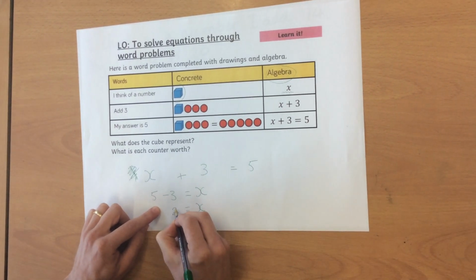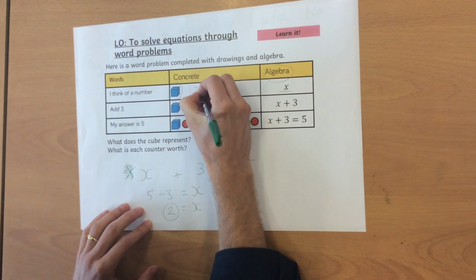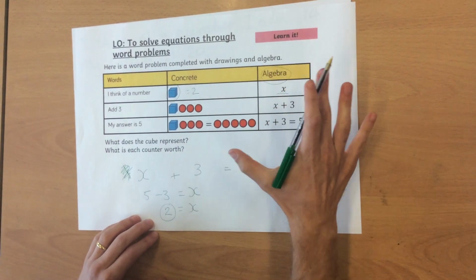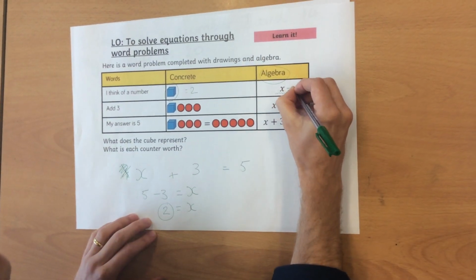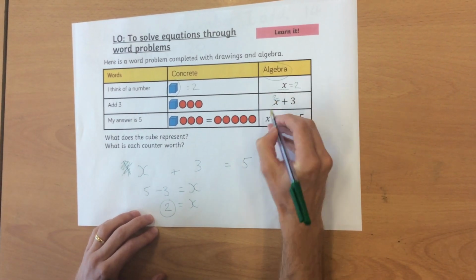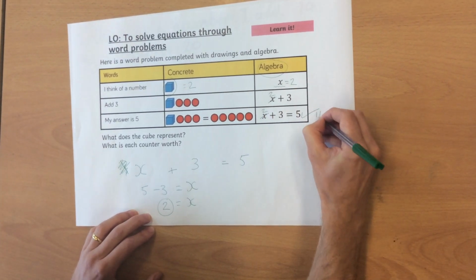So my starting number was 2. And I can put that in there. And I can check that, because if I substitute, remember we did substitution in a previous video, if x equals 2, then this is going to be 2, this is going to be 2, 2 plus 3 is 5. Hello, we did it, correct.